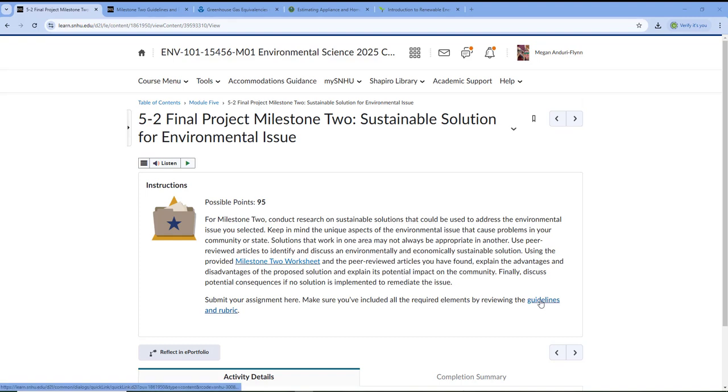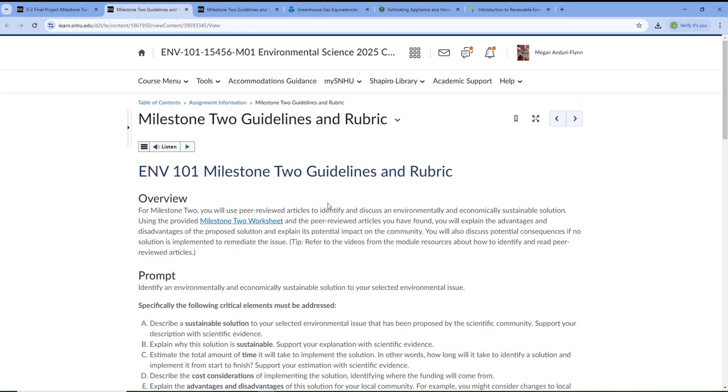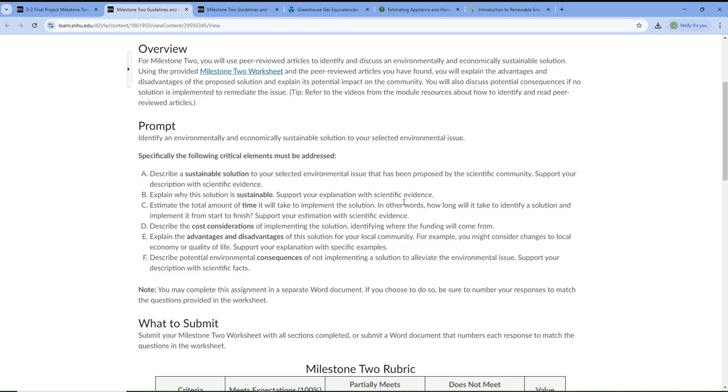So let's take a look at our guidelines here for our milestone. I'll just briefly go over it. In this milestone 2, you're going to be taking that information you learned last week on how to read a peer-reviewed article, and you're going to find some sort of sustainable solution to your environmental issue.